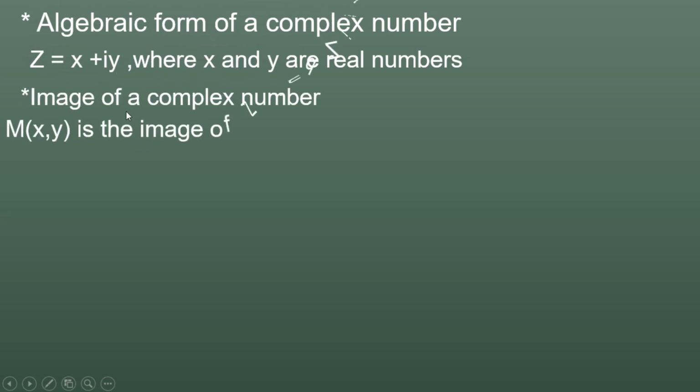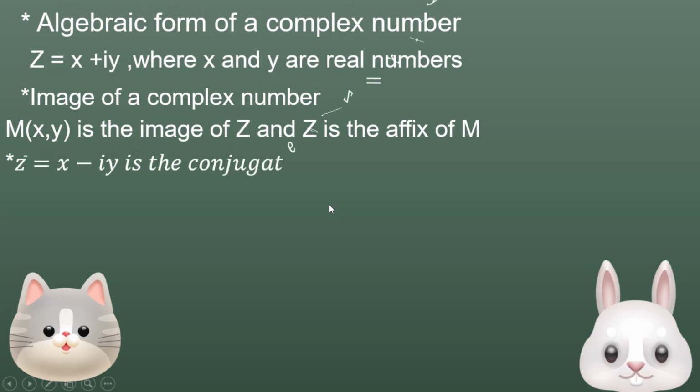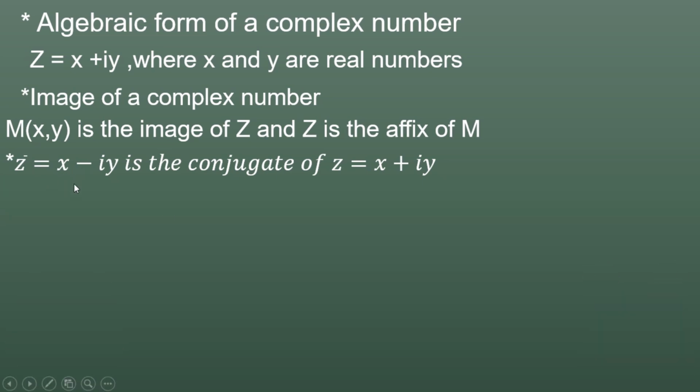The image of a complex number is the point M in an orthonormal system of coordinates x, y, and z is called the affix of the point M. Z bar equals x minus iy is the conjugate of z equals x plus iy.